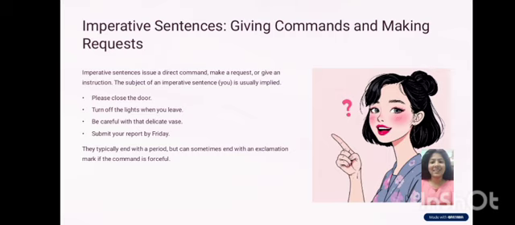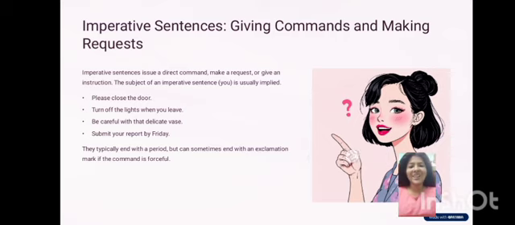In simple terms, imperative sentences issue a direct command, make a request, or give an instruction. The subject of an imperative sentence, that is, you, is usually implied. Examples include: Please close the door. Turn off the lights when you leave. Submit your report by Friday. So now it's the end of the third type of sentence.